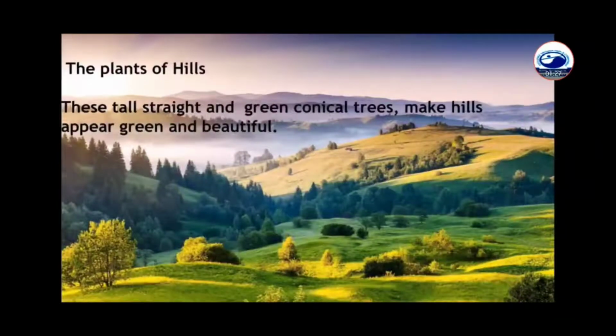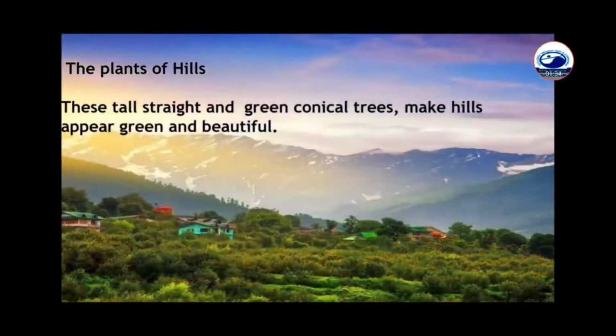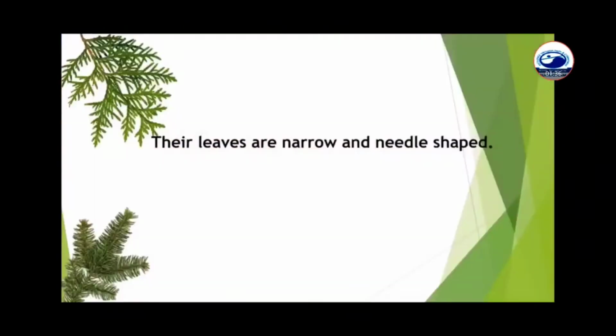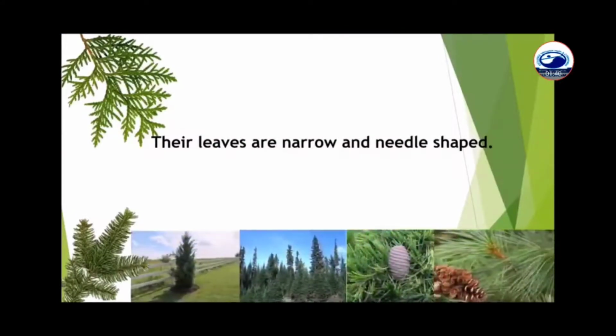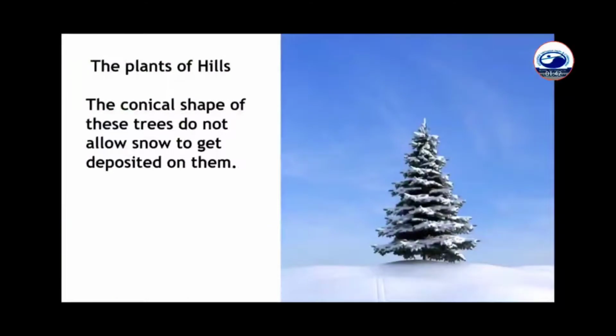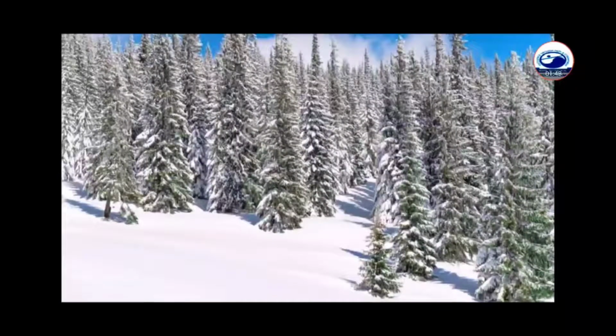These tall, straight, and green conical trees make hills appear green and beautiful. Their leaves are narrow and needle-shaped. The conical shape of these trees does not allow snow to get deposited on them.